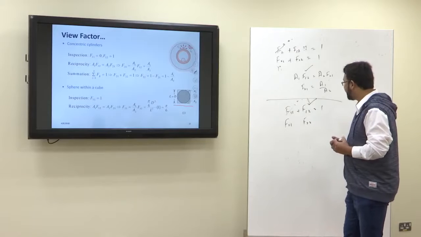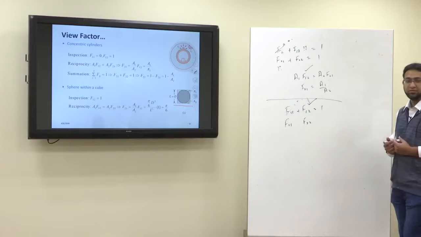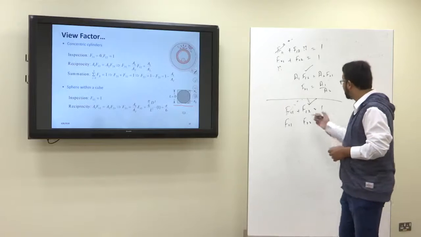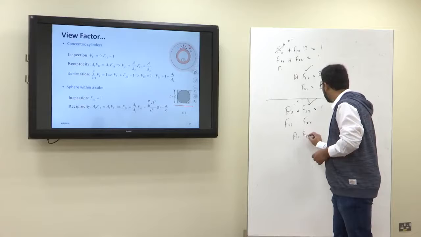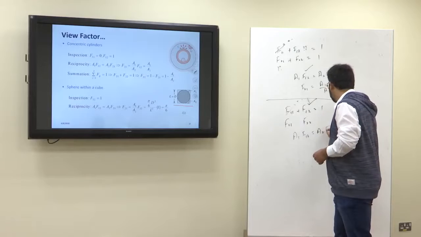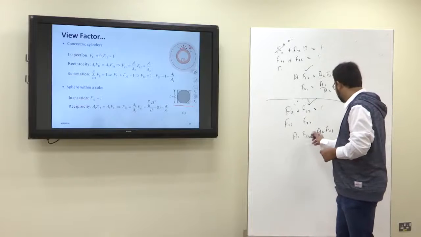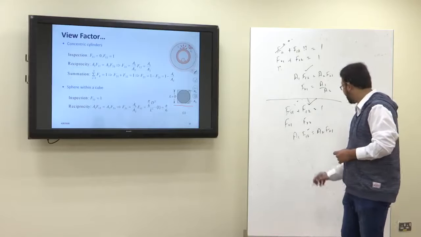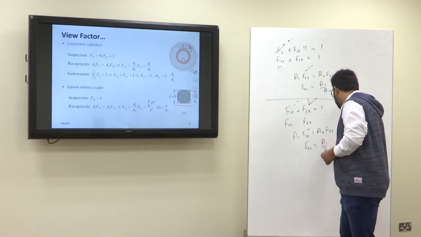For F21 and F22, what we can do is use the reciprocity relation to determine them. So the reciprocity relation is A1 F12 is equal to A2 F21, right? And F12 is known, which is 1. So basically F21 is equal to A1 upon A2.